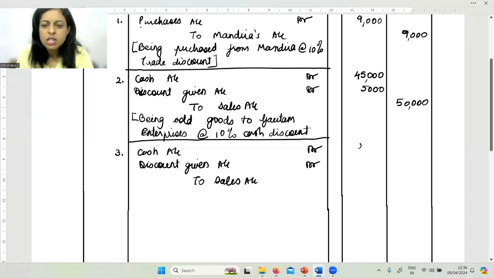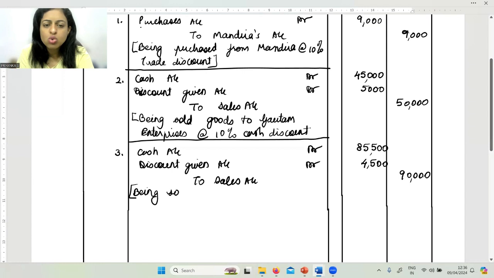So cash received is 85,500. Amount of discount given is 4,500, cash discount given, and sales happening is 90,000. So always remember that the trade discount amount is netted off. There is a net off of the trade discount, and then you write the amount in the journal.